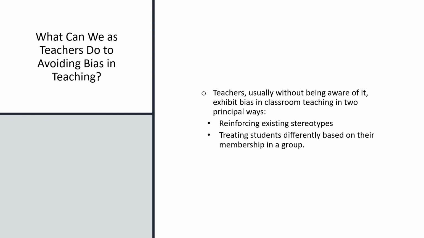But what can we do as teachers to avoid bias in our teaching? Teachers, usually without being aware of it, exhibit bias in two principal ways: reinforcing existing stereotypes, our beliefs about others, and treating students differently based on their membership in a group.